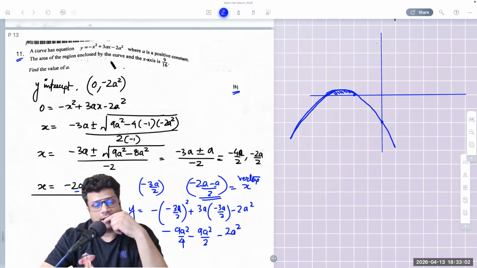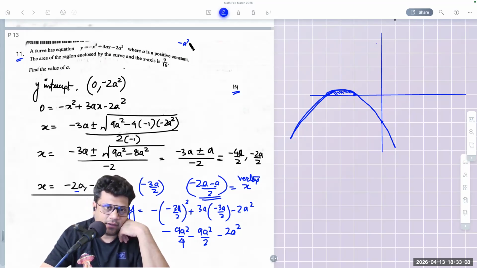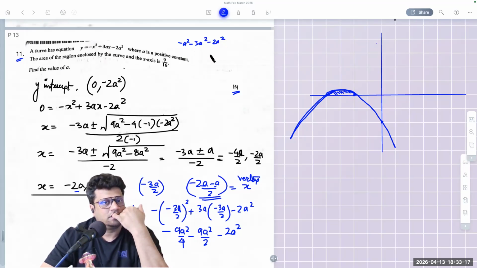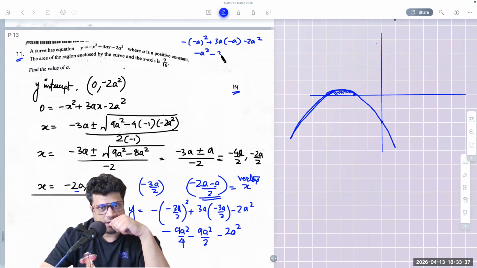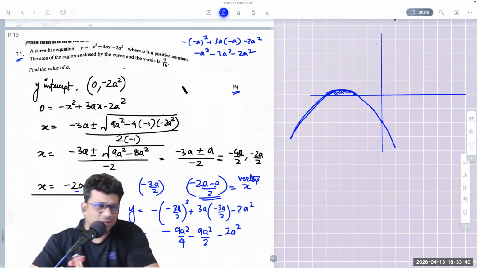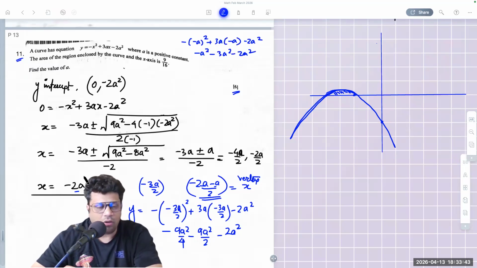This thing comes out to be negative though. What is it at negative a? Negative a square minus 3a square minus 2a square. No, no. Negative of negative a square plus 3a into negative a minus 2a square. That's negative a square minus 3a square minus 2a square. It doesn't come out to be 0. Do I have the wrong coordinates here?